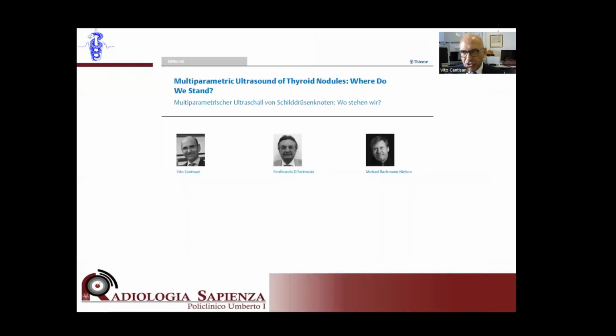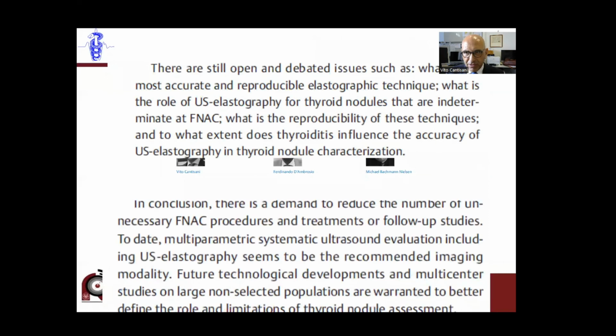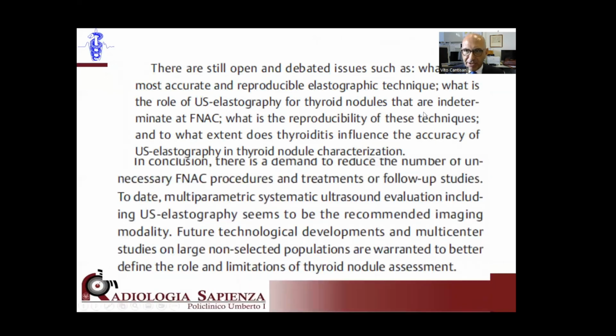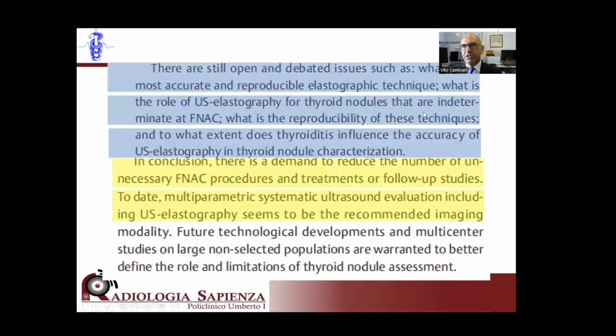We also published an editorial with my friend Michael Bachmann-Nielsen and Ferdinando D'Ambrosio, showing that there are still some open issues. What is the most accurate and reproducible elastographic technique? Right now, in this moment, we are still favoring strain elastography. What is the role for indeterminate nodule?